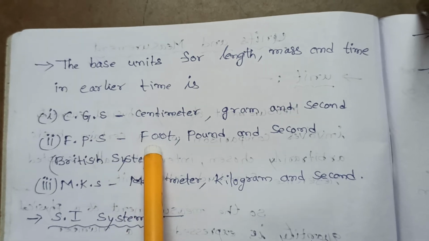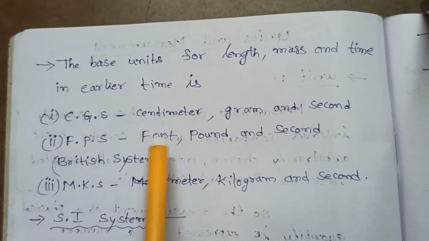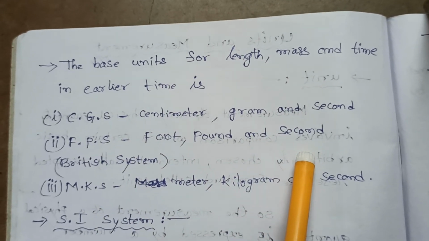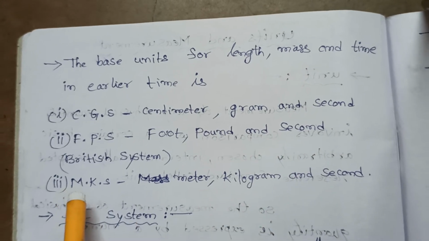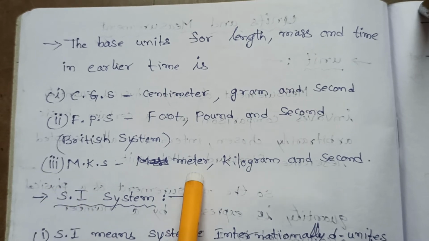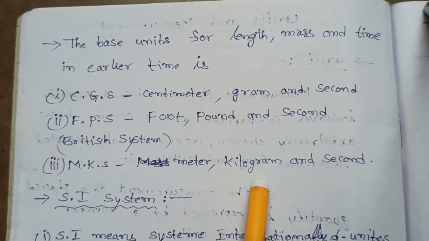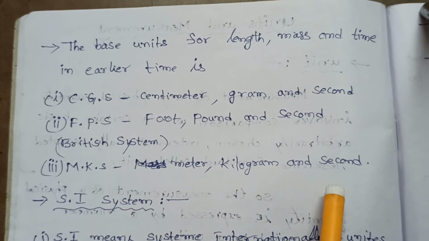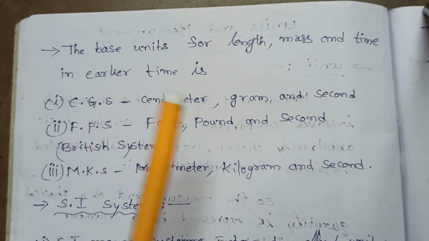F means foot, P means pound, S means second. Next is MKS. M means meter, K means kilogram and S means second.